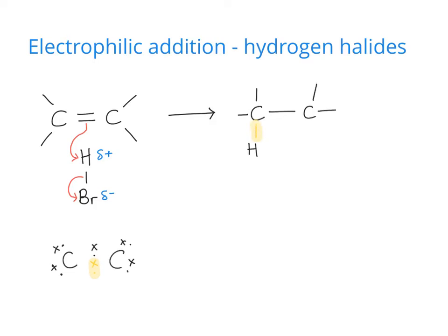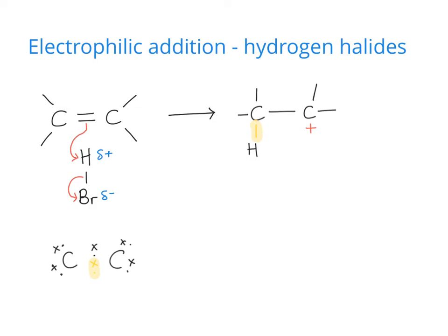And so the carbon on the right was sharing one of its electrons, and that's been taken away. So the carbon on the right has ended up with fewer electrons than when it started. So this is a genuine positive charge. This is not a delta positive. This is not as a result of a dipole. It's a result of an entire pair of electrons moving from between those atoms to being between these two atoms.